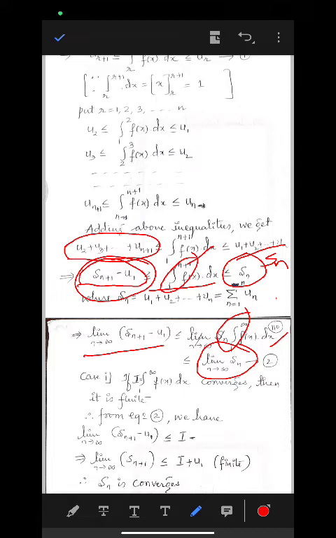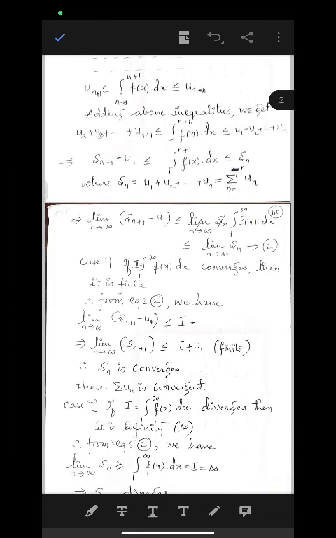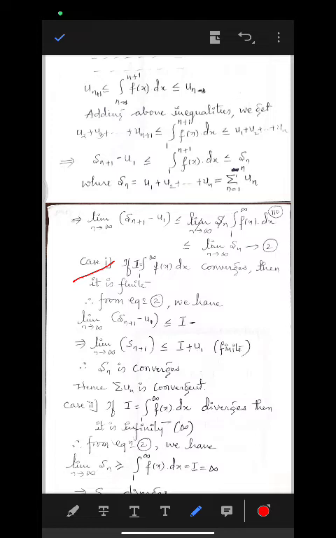So in case 1, what is case 1? Suppose this I, the improper integral, the integration from 1 to infinity of f(x) dx, converges.